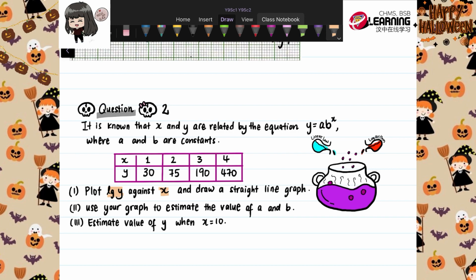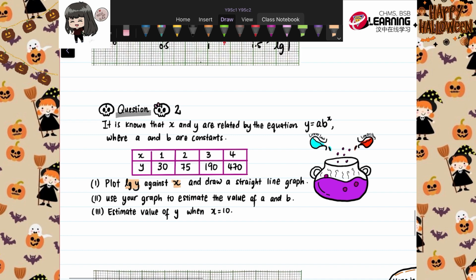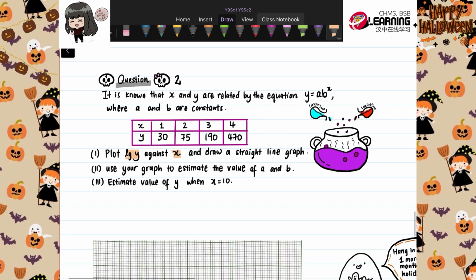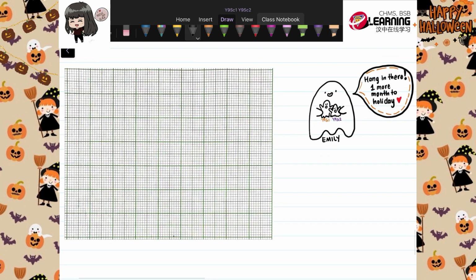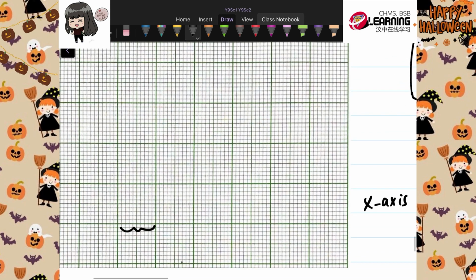Okay, so first step, remember to construct a table. You construct it by yourself. The one that I want to tell you is your scale. So you use this scale. On the x-axis, you use 2 cm to 1 unit. 2 cm is somewhere like that, this is 2 cm. And 1 unit means this one is 1, and then 2 and so on.